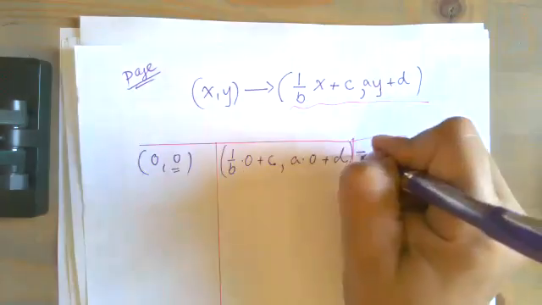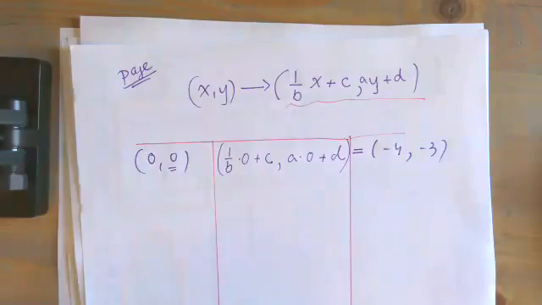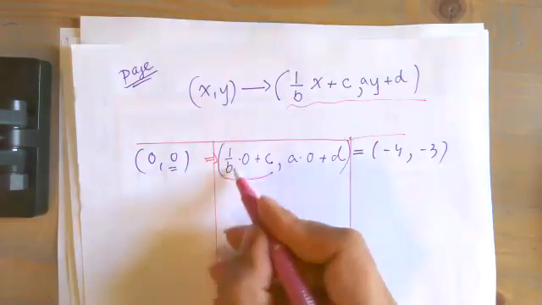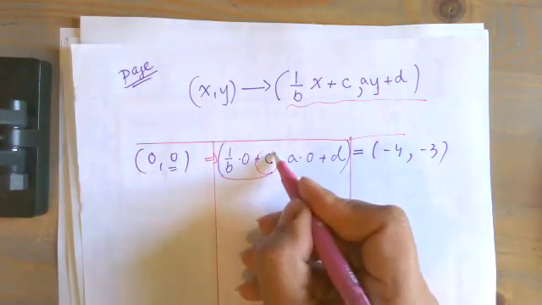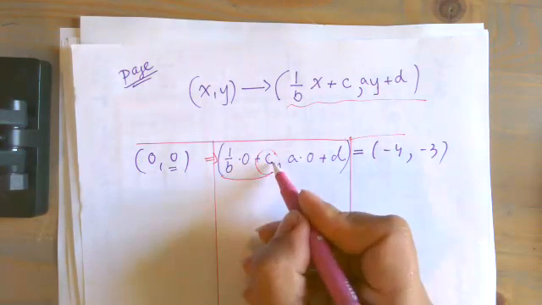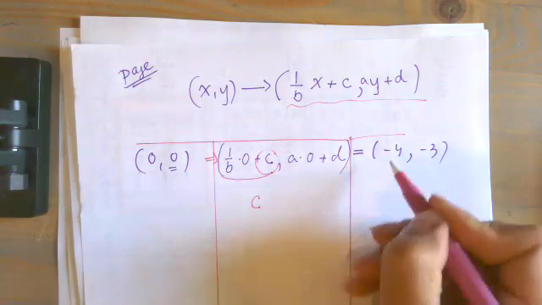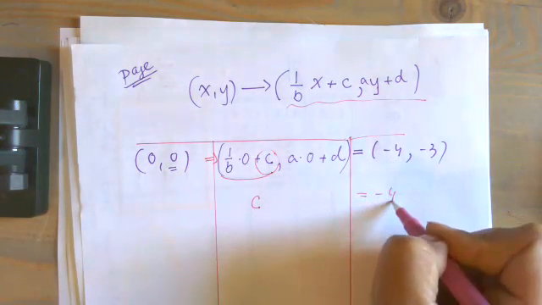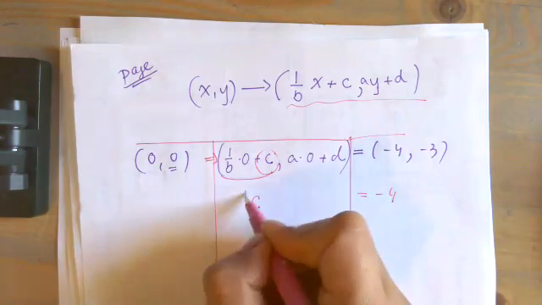That would have to equal this new point because they are all related, right? Now, what do I get from here? 0 times anything is 0, right? So I'm left with c, and c will have to equal what? -4. Done. I found my c.